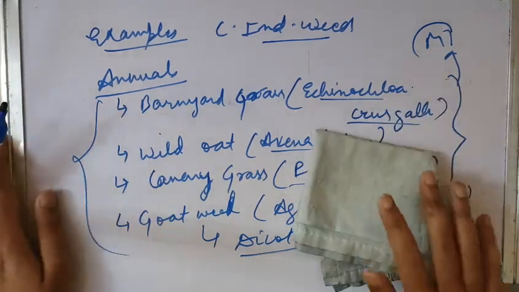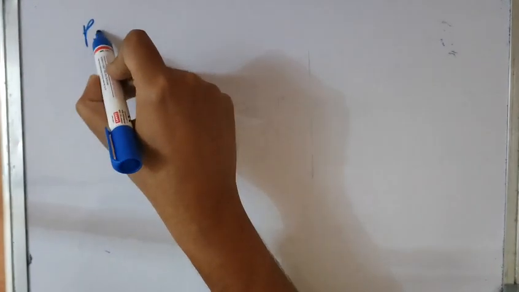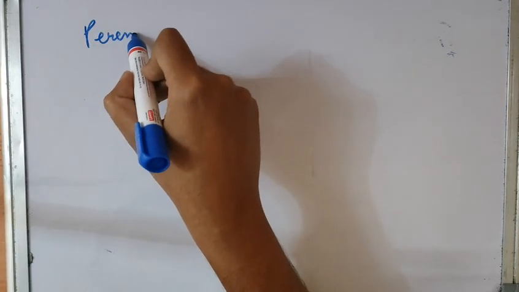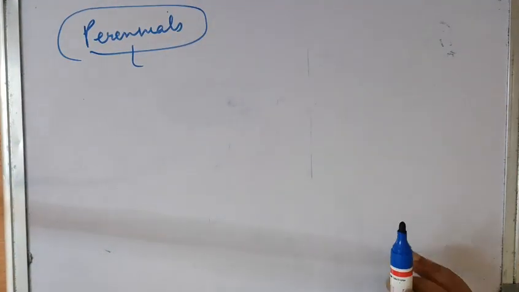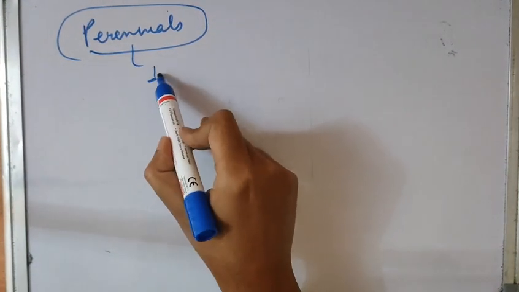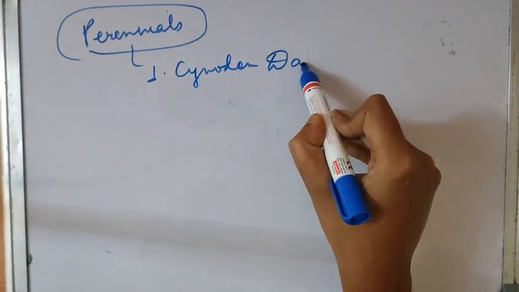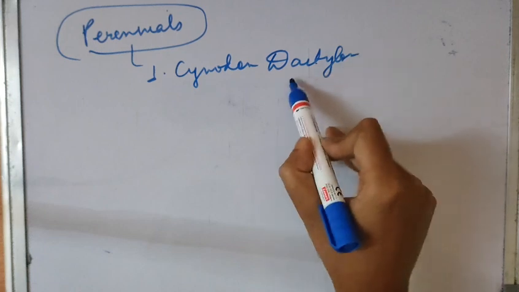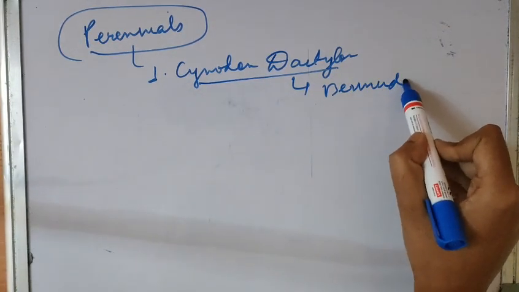Now moving on to examples of some perennial weeds, that is 2 seasons or 2 years. We have Cynodon dactylon, its common name is Bermuda grass.